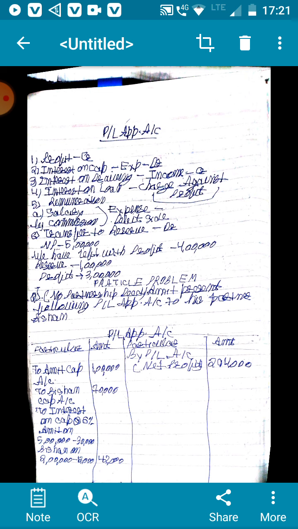The profit and loss appropriation account is shown as below, with debit side and credit side. Net profit is given as 2,94,000.